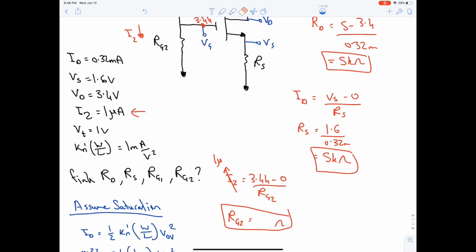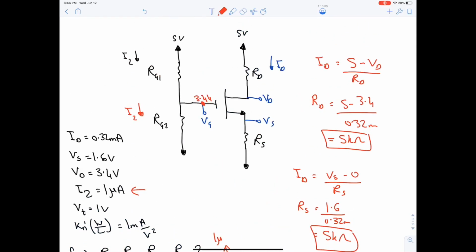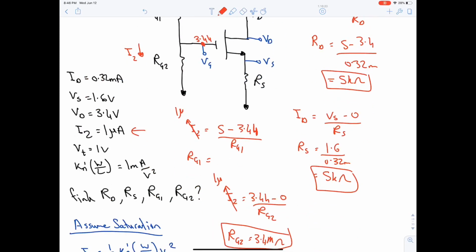The other number is 3.4 mega. Doing the same thing for RG1. I2 is 5 minus 3.44 over RG1. RG1 is equal to 1.6 mega ohm. Okay, we're done for this question.